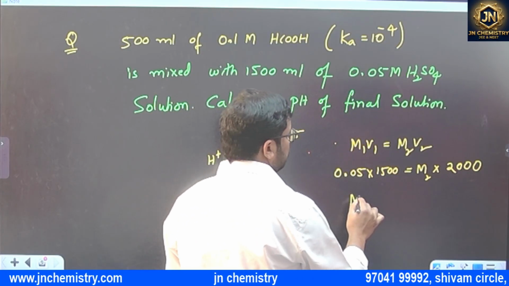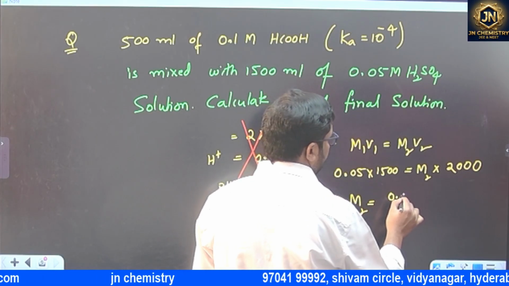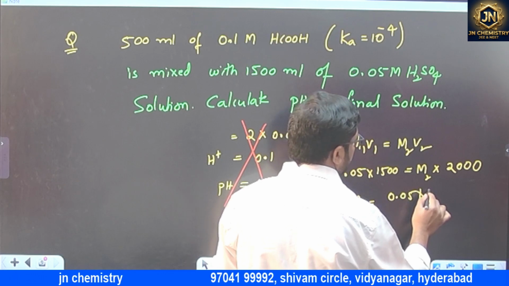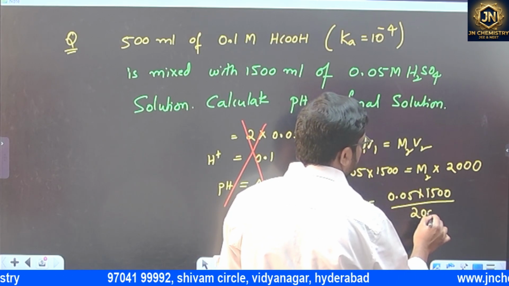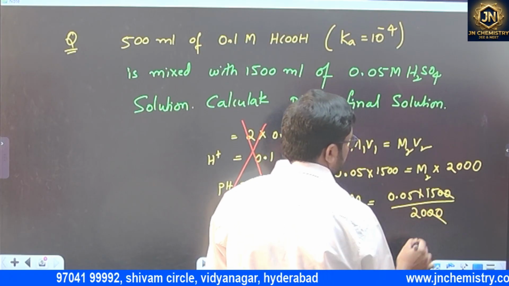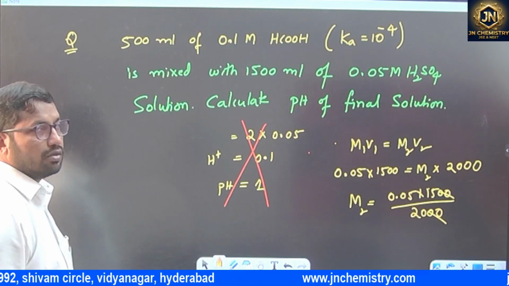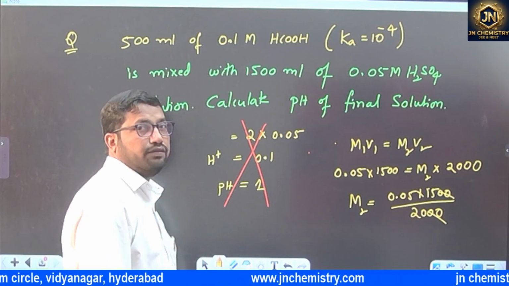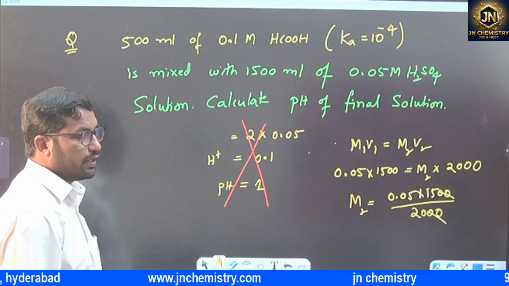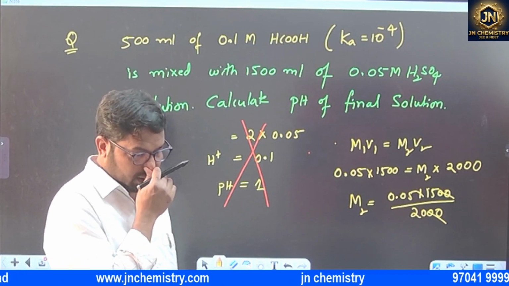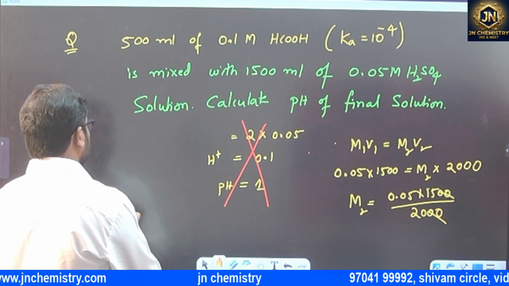So M2 value is equal to 0.05 into 1500 by 2000. If you calculate that, you get the concentration of H2SO4. From that, approximately how much will we get? We'll get approximately 15 by 400 as the M2 value.